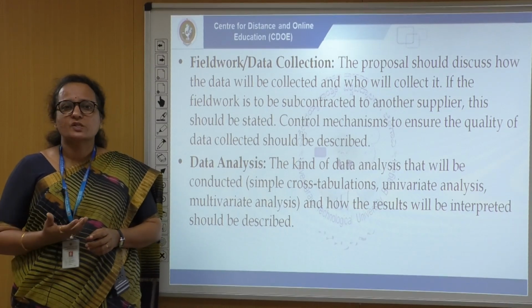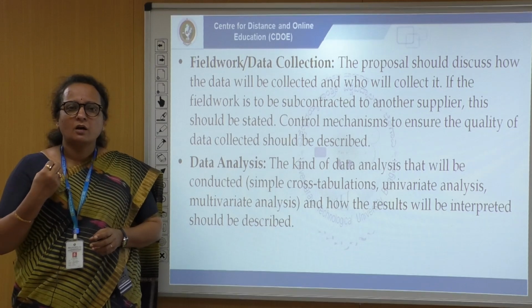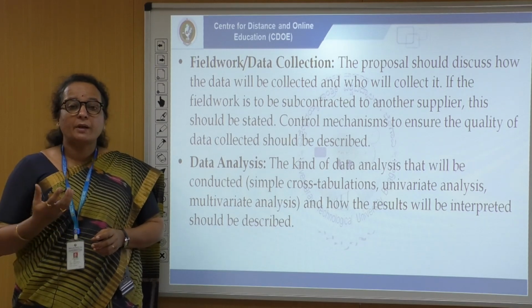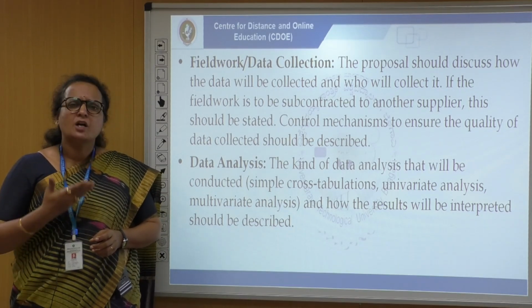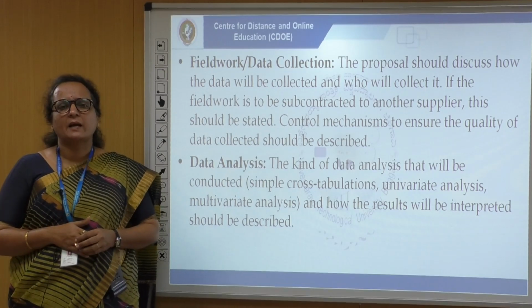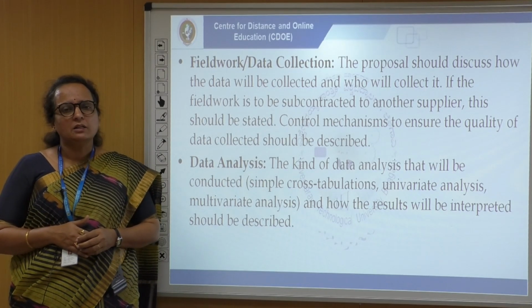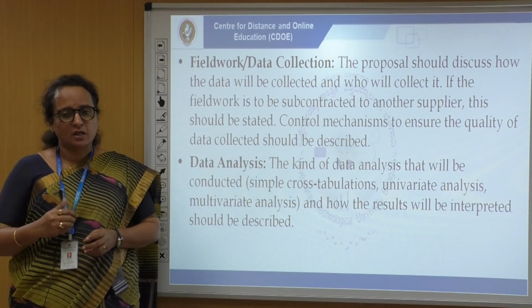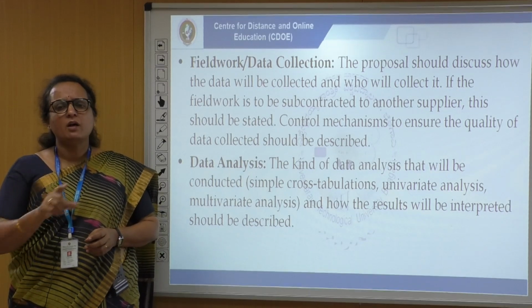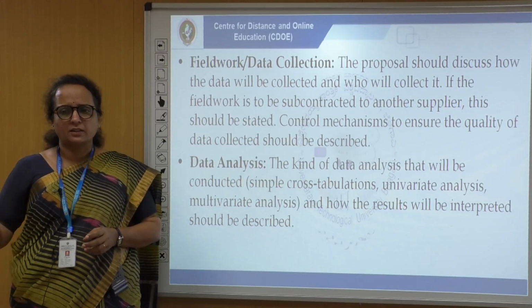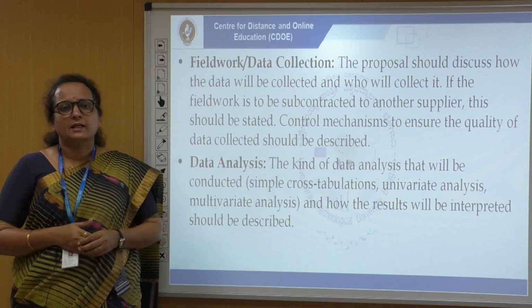Depending upon the nature of the study, the accuracy of the results expected, and the availability of time and budget, different methods can be used for collecting the data. So you have to clearly specify what type of data you are gathering and who will collect it.